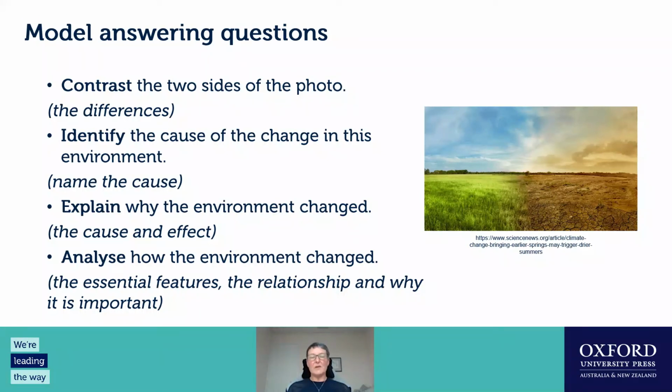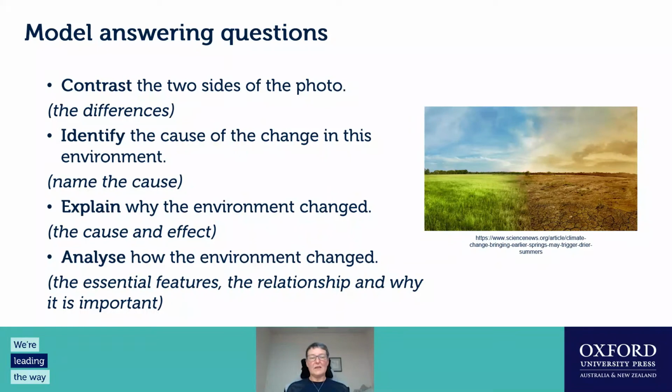There are a number of possible causes, so you might need to provide a greater level of detail for the students. But that's the difference between contrast versus identify. Contrast, you're just looking for a description, whereas identify the cause means you're after something shorter and simpler.